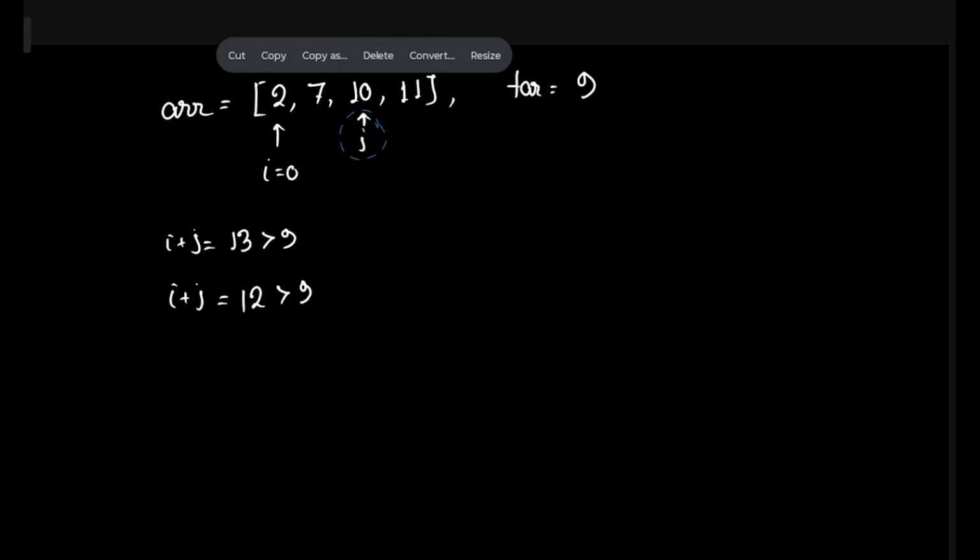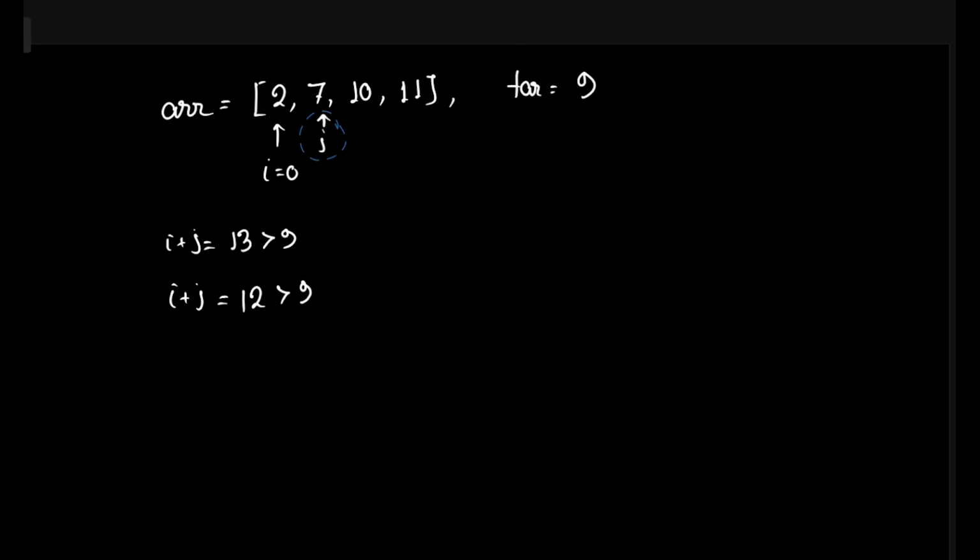So I reduce j again. Then i plus j will be 9, which is equal to target, so it will return true.